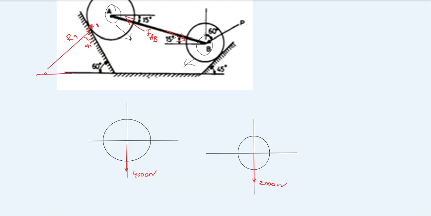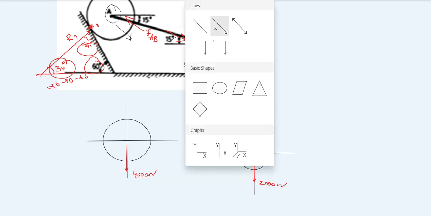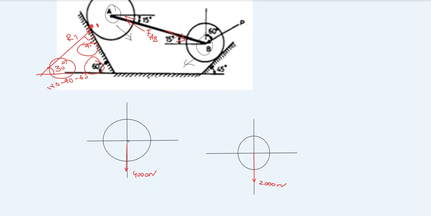If you extend the horizontal plane, it is 30 degrees, because this is 60, this is 90. Automatically 180 minus 90 minus 60, which is nothing but 30 degrees with the horizontal. So we have reaction R1 at 30 degrees to the horizontal. So let us draw R1 in this 4000 newton diagram with an angle of 30 degrees with the horizontal.